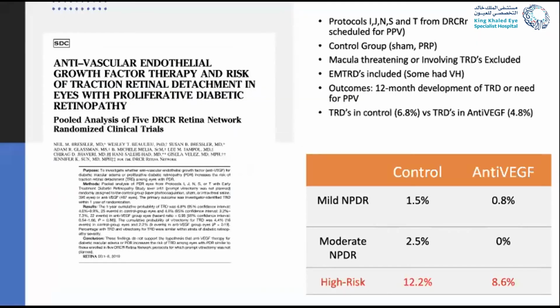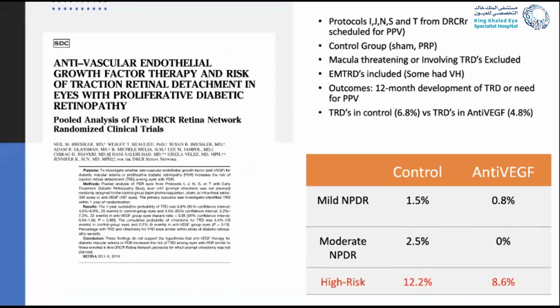So they did take into account, and they excluded any patients who had a macula threatening or macula involved tractional retinal detachments. However, if the patients did have an extramacular TRD and some of them had vitreous hemorrhage, they were included in the study.